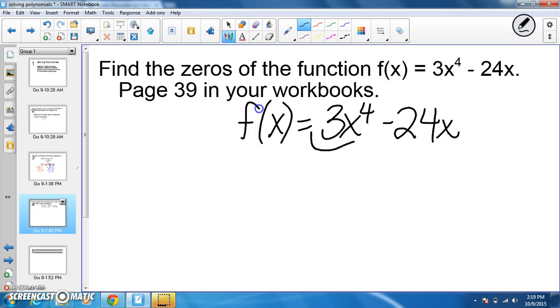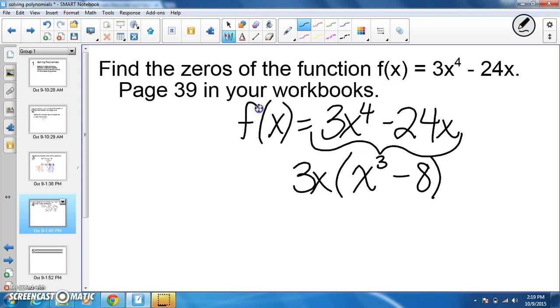We're going to focus on the polynomial part of our equation because we first need to factor. So if I go down my list of things to do while factoring, I'm going to look for greatest common factor. My greatest common factor here is 3x. So when I factor out 3x, I'm left with x cubed minus 8.